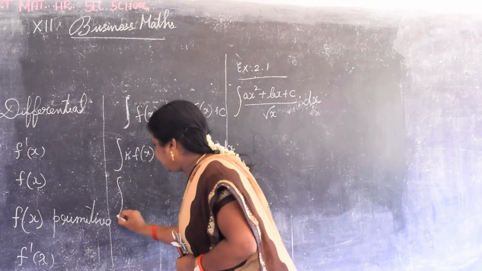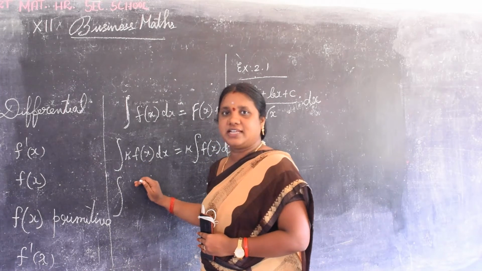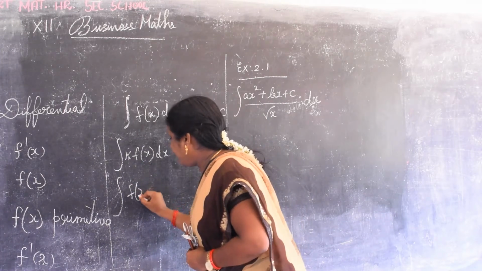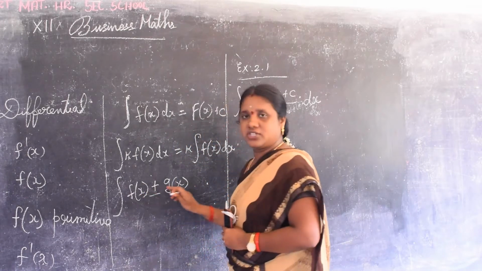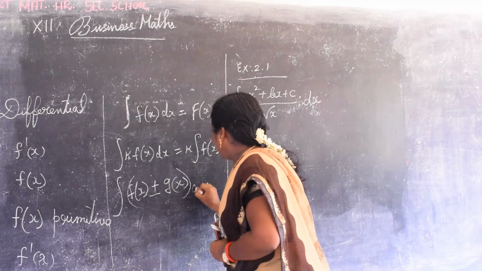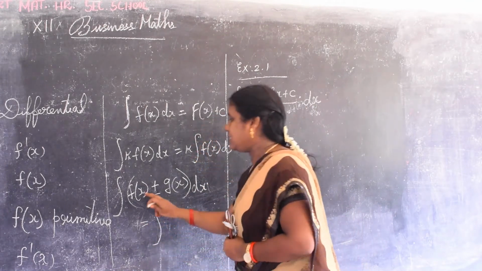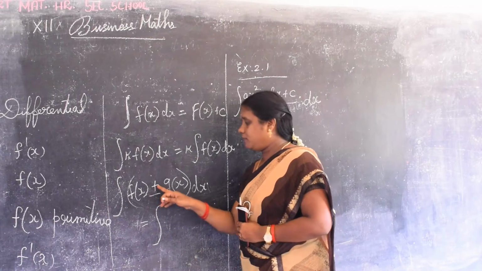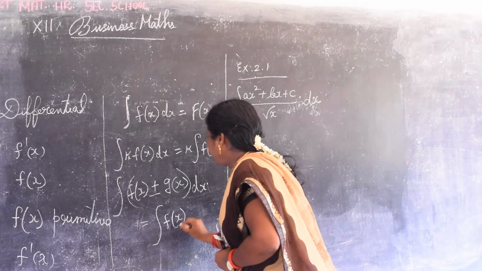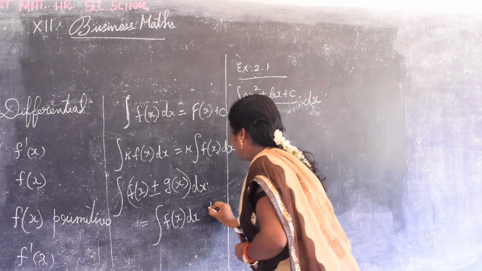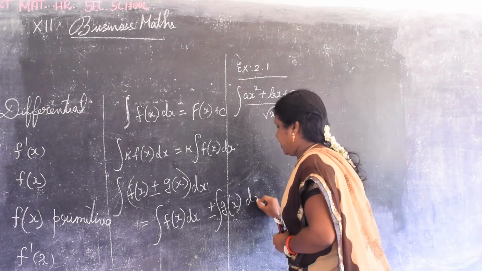Next property: I am going to take two primitive functions, that is f of x and g of x. That means integral of f of x plus or minus g of x dx, we can split it as integral f of x dx plus or minus integral g of x dx.